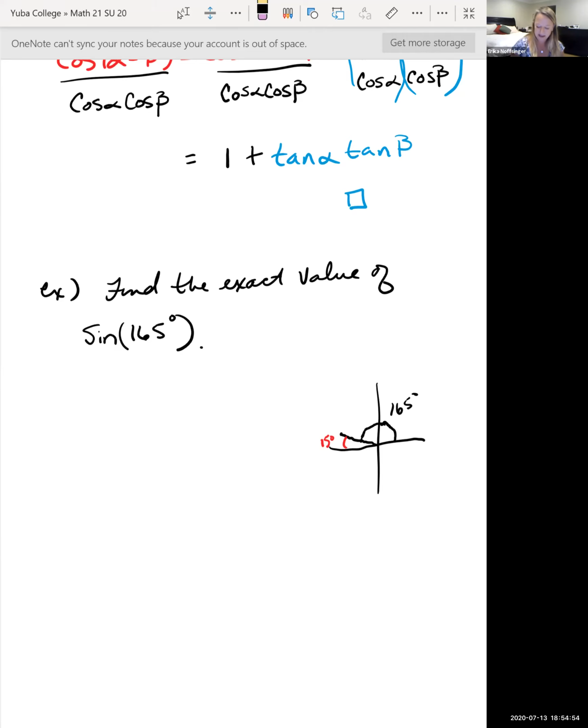So let's try that. Let's look at multiplying 165 by a fancy one. Let's multiply this by 2 over 2.